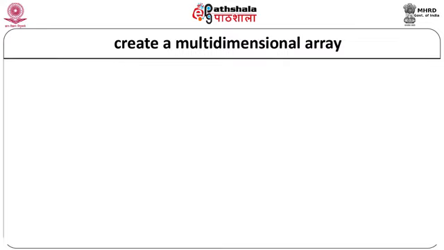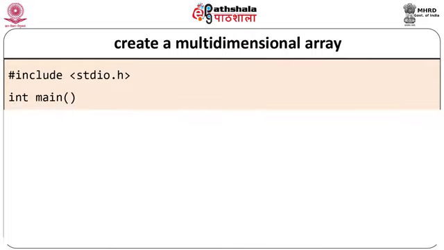We already studied this topic in the array modules. Therefore, we just take an example with a sample program to understand multi-dimensional arrays using pointers. Let us see the program given in the slide: include stdio.h, int main in brackets, int pointer p, or *p.